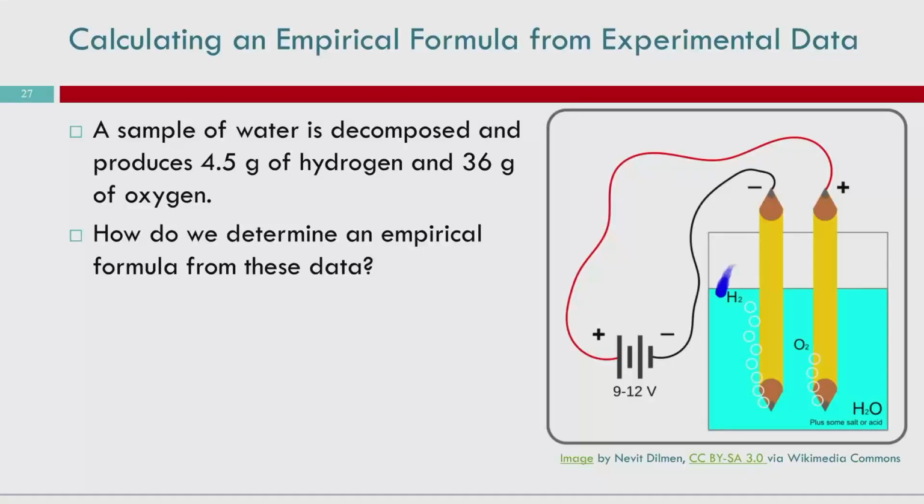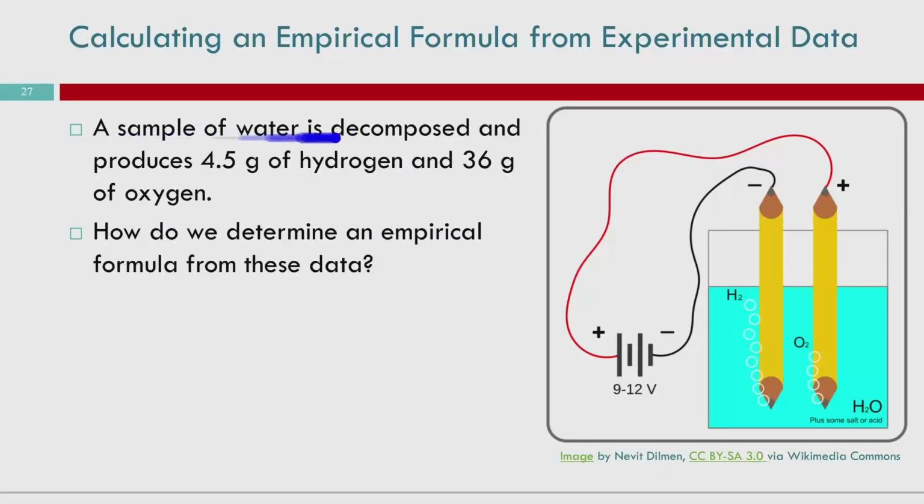Also, producing hydrogen gas and oxygen gas is dangerous. Those two are both flammable, and when you put them together in the same environment, it's extra flammable. They love to explode. So a little spark could end up with a big explosion. So you could do it at home, 9 to 12 volts. You could do it with a 9-volt battery, allegedly, and some double-sided pencils if you're a Sith.